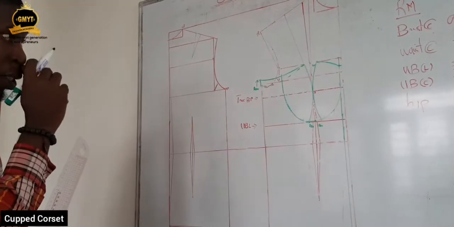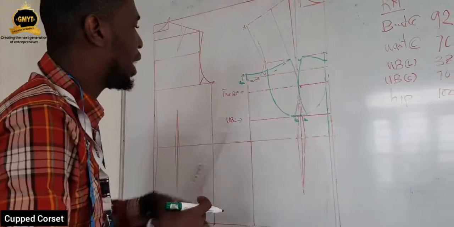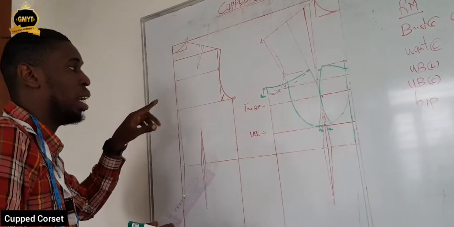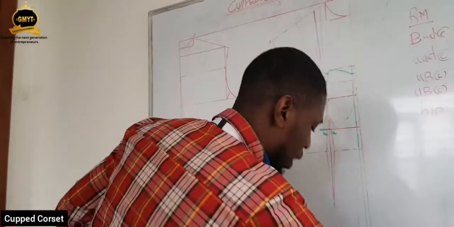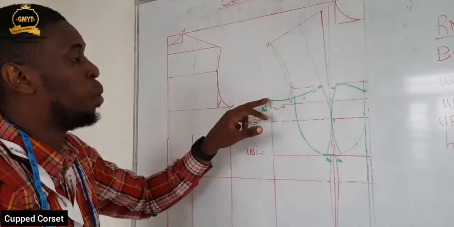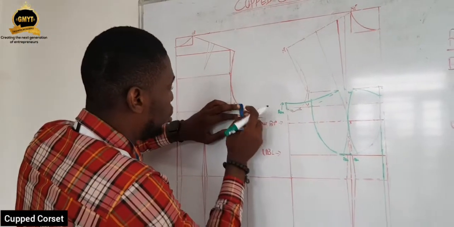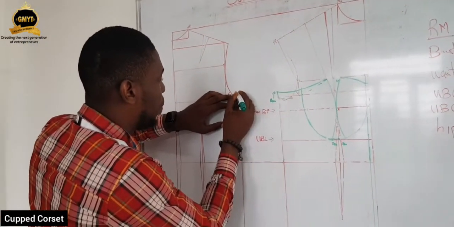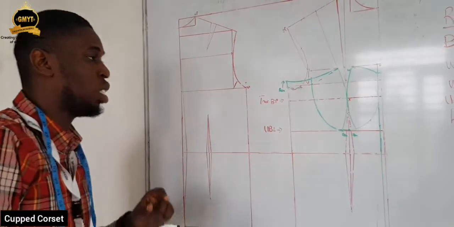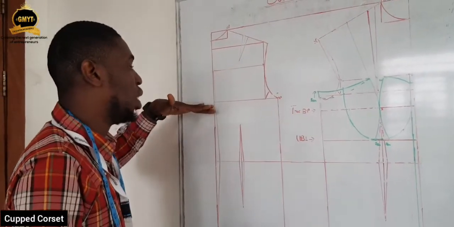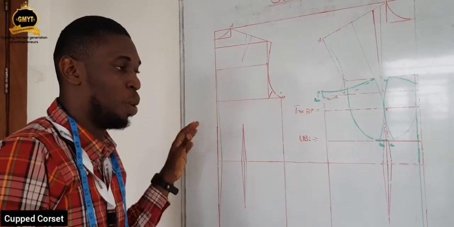The next thing now is to extend this neckline back to the back pattern. If you are doing 2 cm up on the front pattern, automatically you are expected to do the same 2 cm up on the back pattern. The way your corset is supposed to look, it goes a bit down on the center back, the center part of the back pattern.